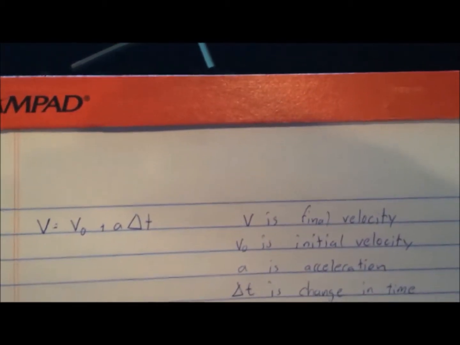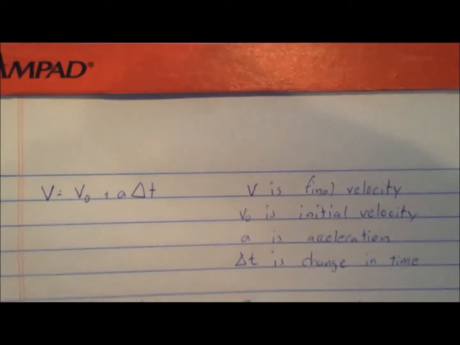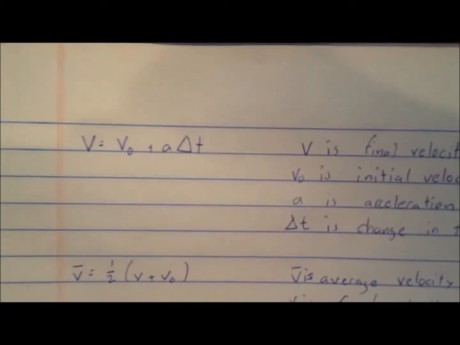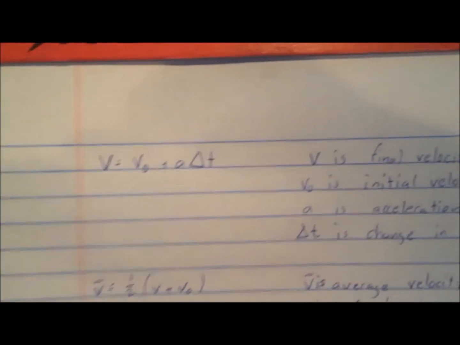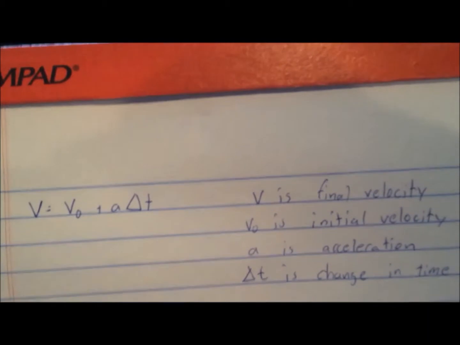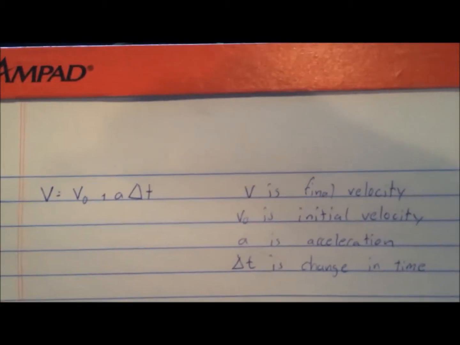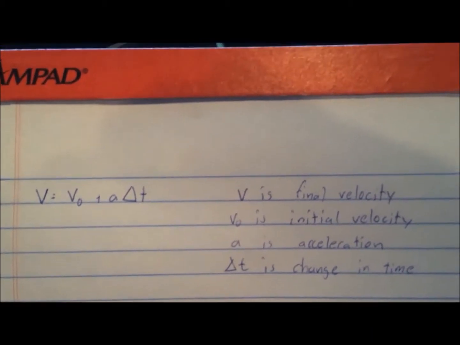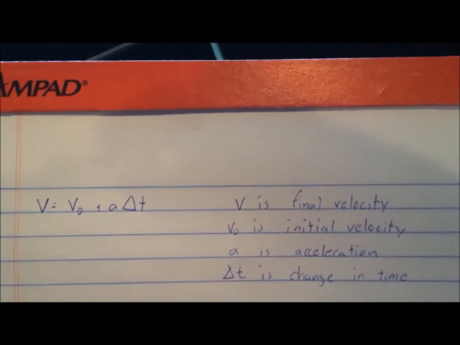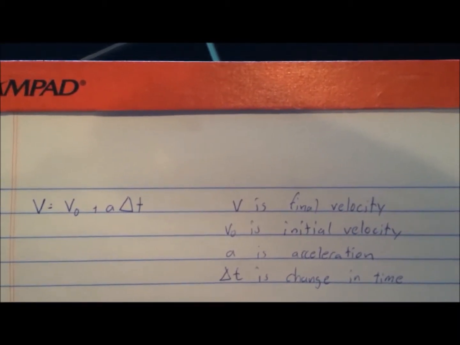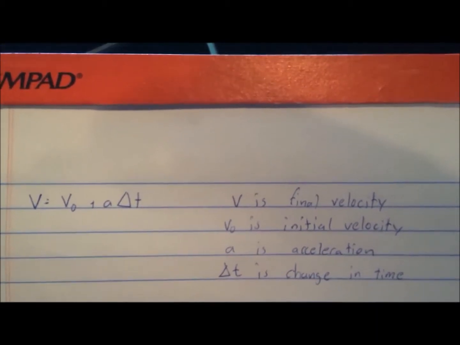V naught is your initial velocity. So in our situation, V naught can either be 0 if starting at rest, or if you were to choose a point somewhere mid-run when I'm doing my longboarding, we could use that as our initial velocity. But let's assume that our initial velocity is 0.